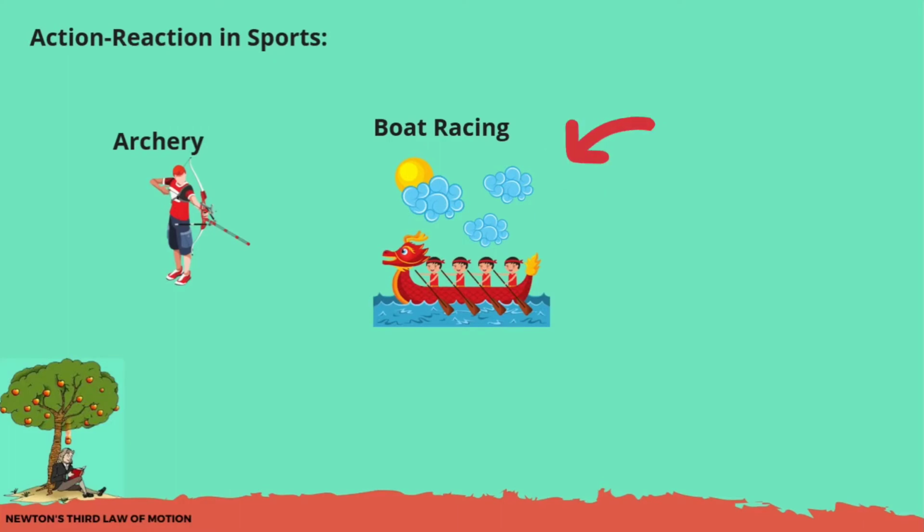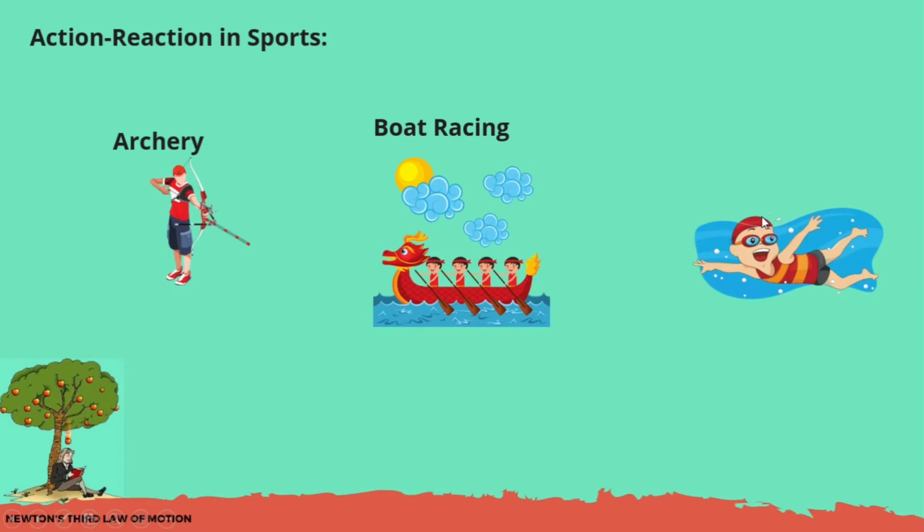This is the action force. The water, in response to the action force, exerts a reaction on the boat in forward direction. So, ginagalaw natin yung sagwan backwards. Then, tinutulak ng water yung sagwan forward. Kaya nagmumove tayo. Backward yung action, forward yung reaction.